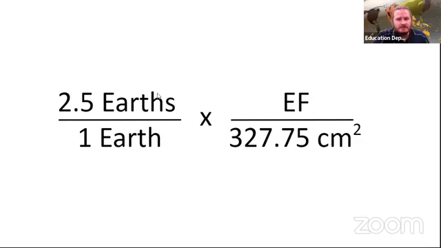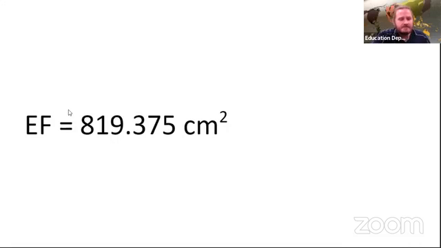I'm showing it this way to show you what it looks like. But all you really need to do is cross multiply the area of your foot by your ecological footprint. And that gives me an ecological foot that has an area of 819.375 square centimeters. So that's helpful, but that's kind of hard to picture what a square like that would be.